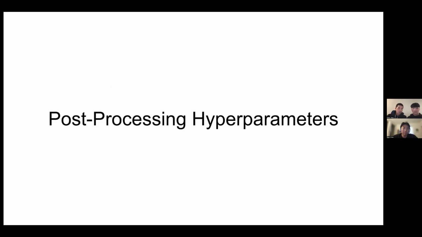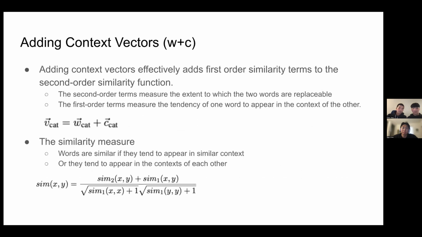The following we have post-processing hyperparameters. First, we have adding context vectors. And adding context vectors effectively adds first-order similarity terms to the second-order similarity function. And so take an easy vocabulary example with cat. So the vector of cat will be the combination of the word vector of cat with the context vector of cat. And the second-order terms measure the extent to which the 2 words are replaceable.